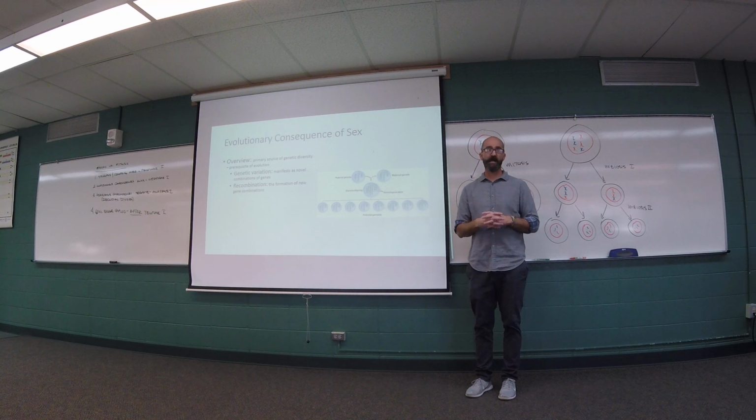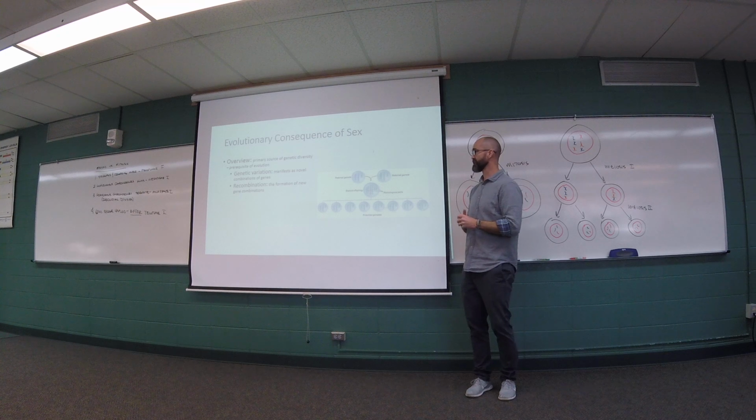Lots of the natural world still reproduces asexually because it's an incredibly effective and incredibly safe way to accomplish reproduction. The question is, if sexual reproduction is such a dangerous behavior, which it totally is, why do we do it? The primary reason, in fact probably the only reason, that sexual reproduction is such a successful strategy is because of the introduction of genetic variation.